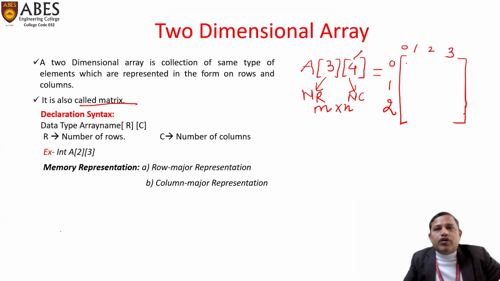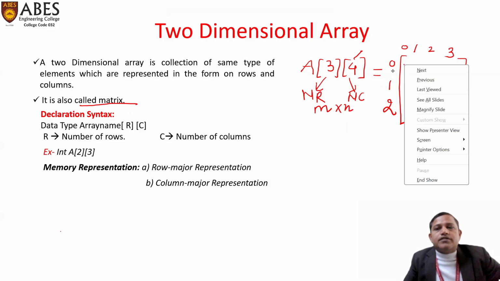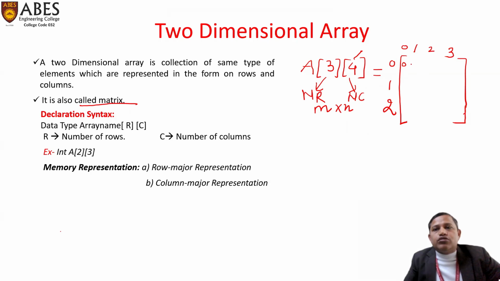If you want to locate the index here, it is written as 0th row 0th column, 0th row first column, 0th row second column, and 0th row third column. Then first row 0th column through first row third column.